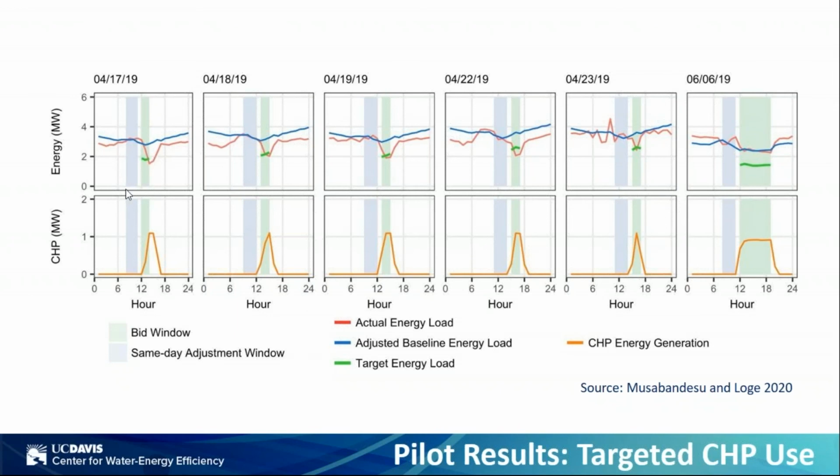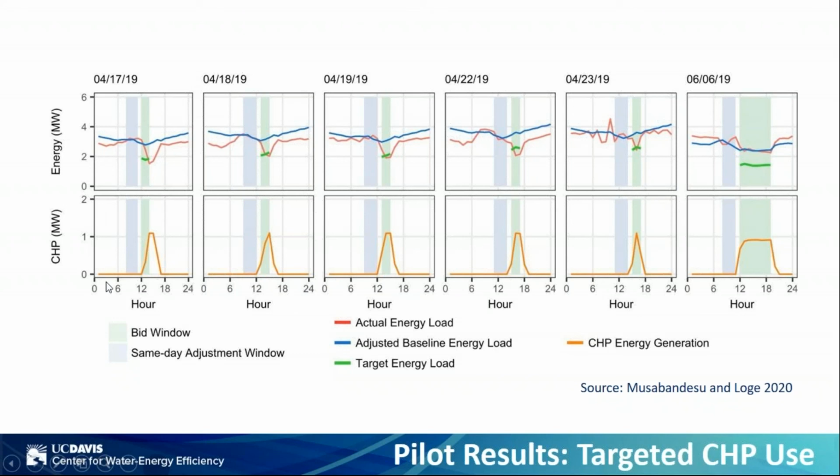The green line here is the targeted energy load. So that's what the wastewater treatment facility was trying to hit in order to receive the promised incentive and meet the bid that they had projected. And then the red line is the actual energy use right here.